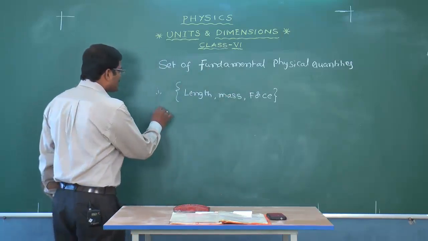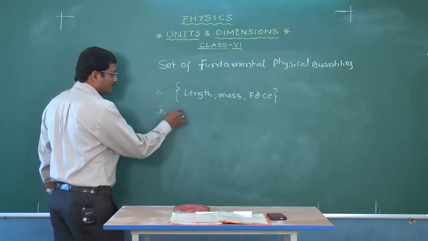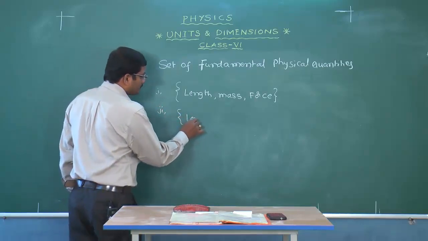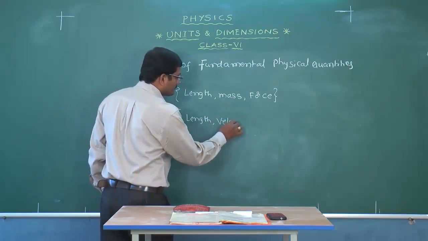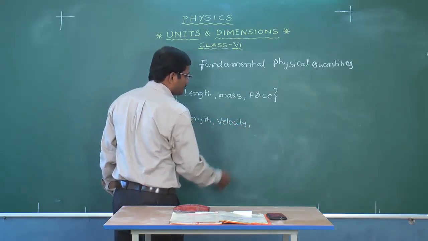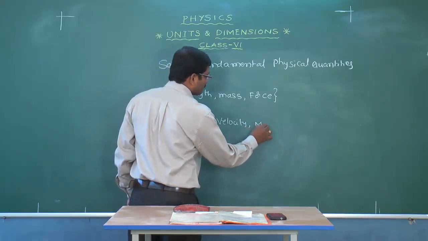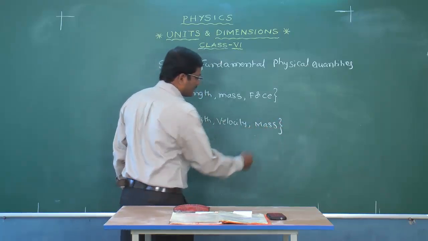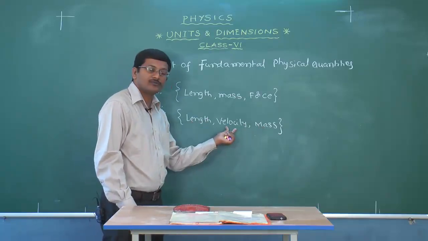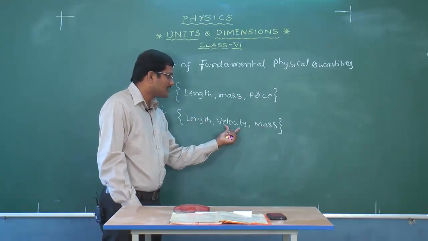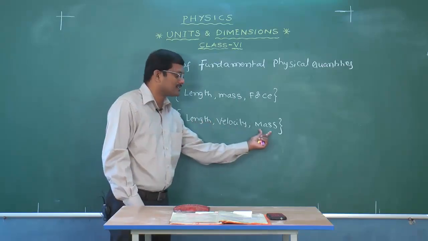So let me give one more example for this. Length, velocity, mass. Here also, the length cannot be derived from the remaining two physical quantities. Velocity cannot be derived from length and mass.